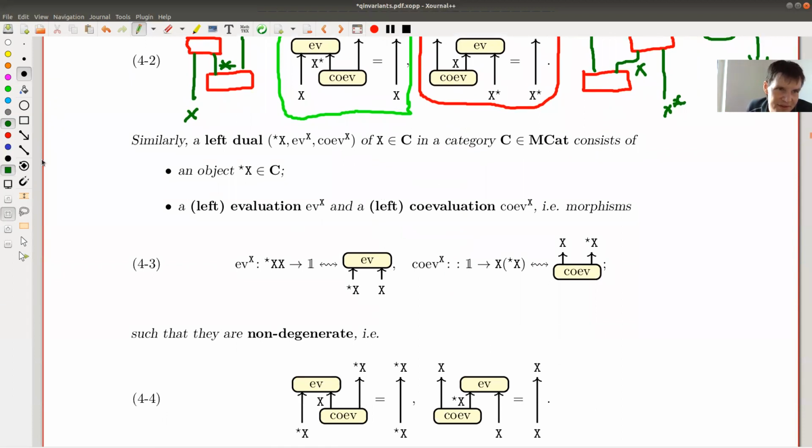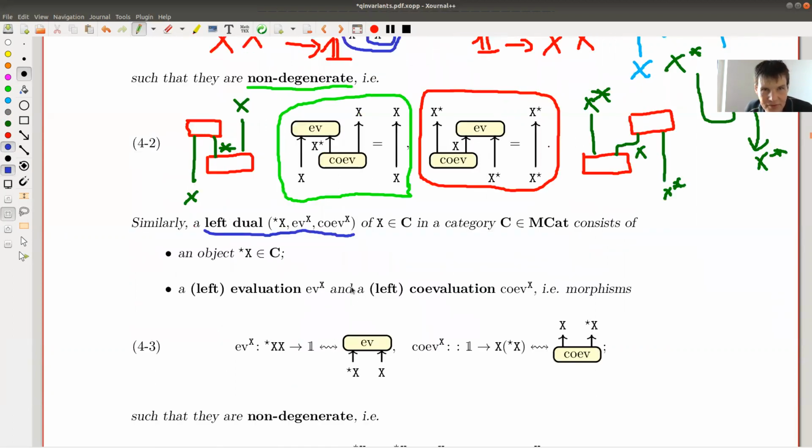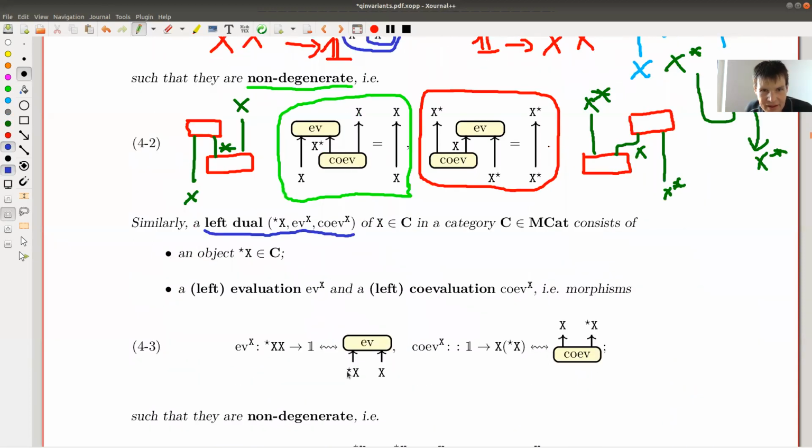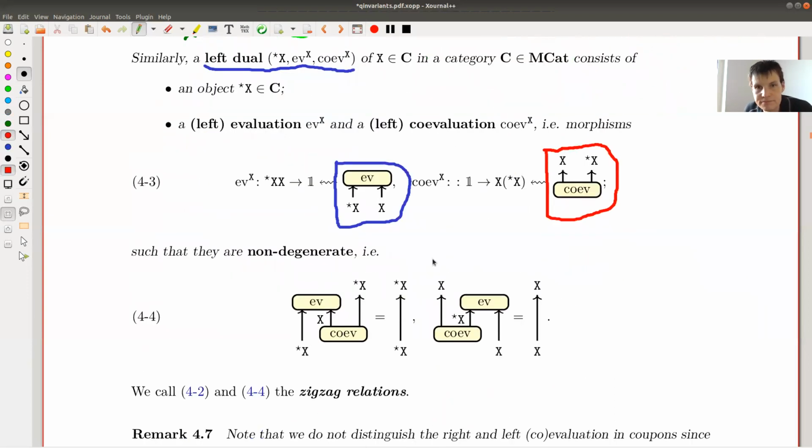Because, of course, we also have a left dual, which is exactly the same definition, just the other way around. Namely, all your pictures are kind of reversed. So X dual X goes to evaluation, which is now the left version, and there's a right version as well.